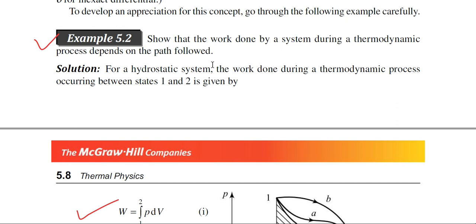Mostly I will focus on the numerical problems, but a little discussion will be held regarding the derivation type. This particular problem is a derivation type, where you have to show that the work done by a system during a thermodynamic process depends on the path followed.